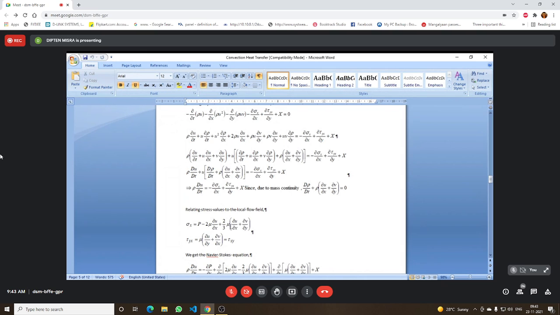And what we can see is that this term may be present or absent depending on whether the density is variable or constant. When the density of the fluid is constant, then we know del u del x plus del v del y will be equal to 0. And if it is not constant, then this will be equal to minus of this part.